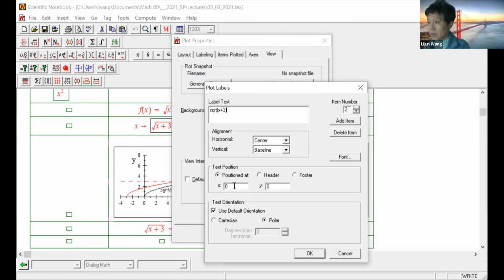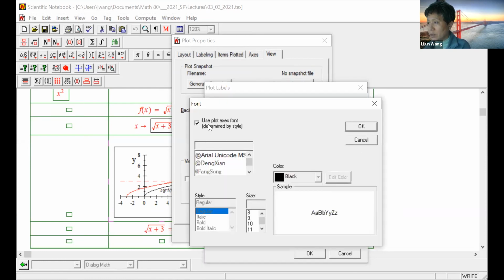X plus 3. Okay, I'm going to use the red color.